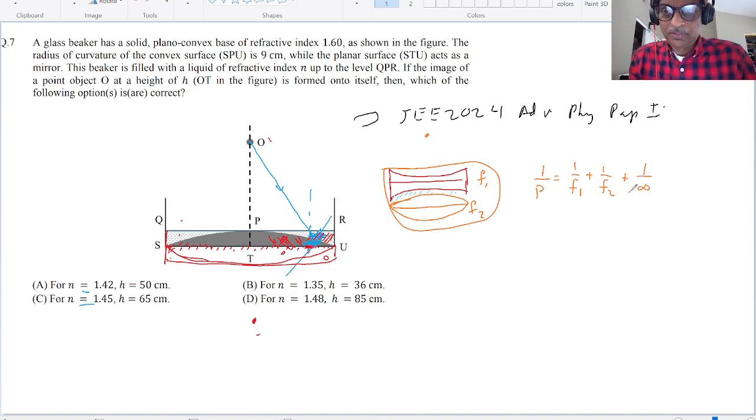So we can completely ignore that. So we can think of this as an effective focal length problem.